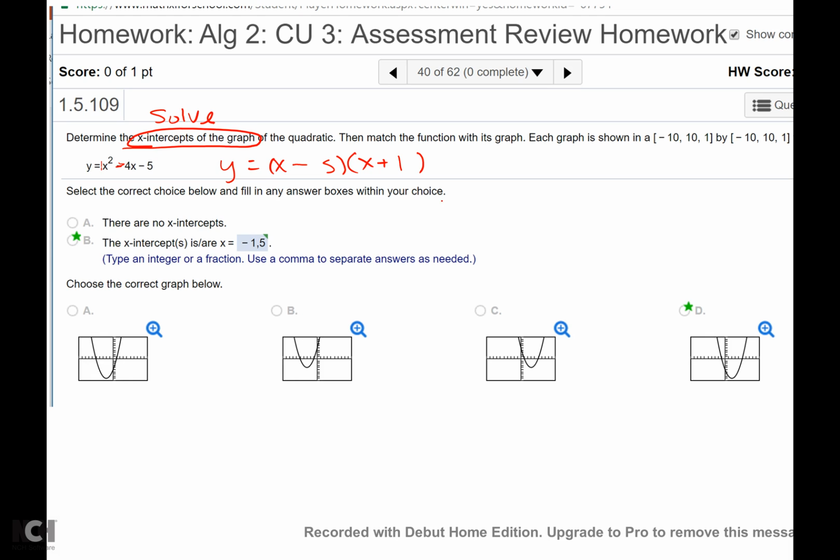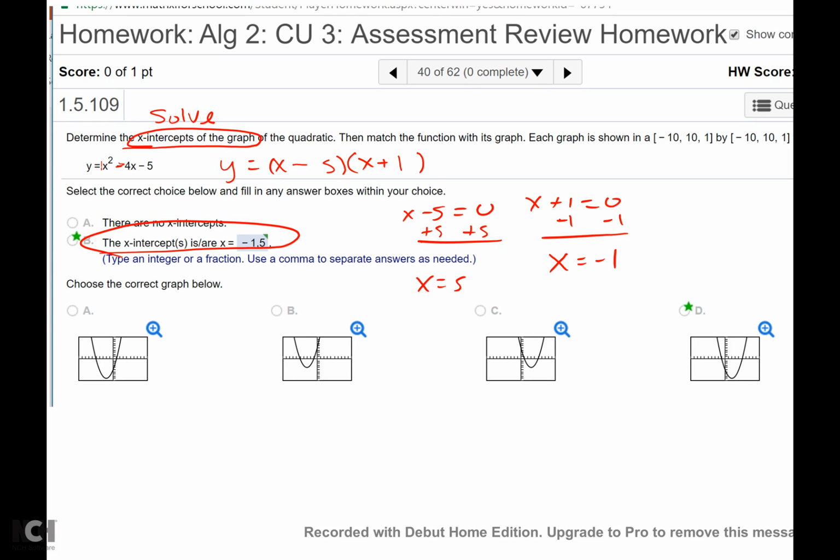And now to solve it, you set them to 0. X minus 5 equals 0. X plus 1 equals 0. Add 5, x equals 5. Minus 1, x equals negative 1. So the x-intercepts are at negative 1 and 5.